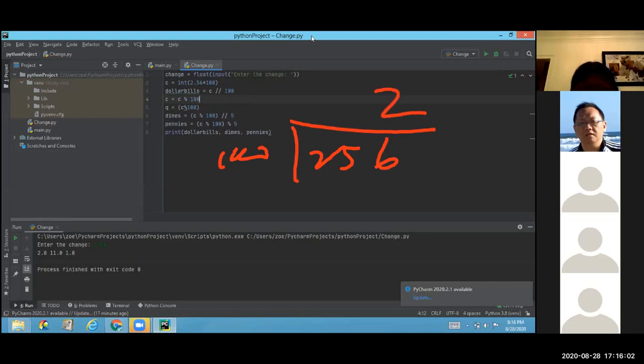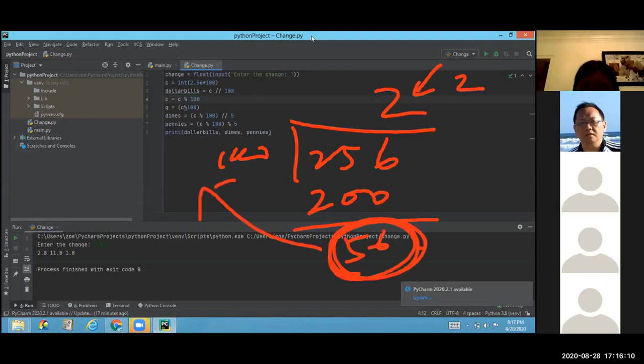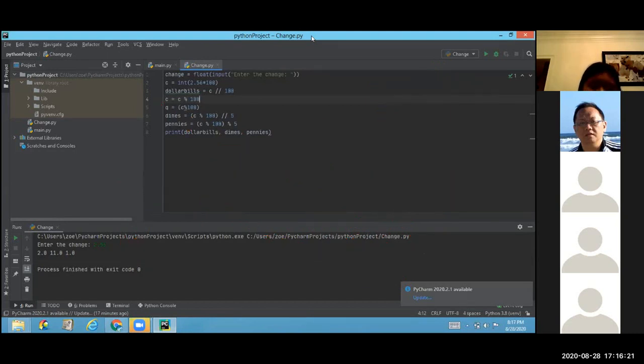So this one tells you that's $2 bills, and 56 cents is the remaining amount you are going to take by quarters, dimes, and nickels combined. Is that okay? Yeah, and then here you continue from here. These you all need to change. Anything below needs to be changed. Okay, I'll let you continue to work on it.